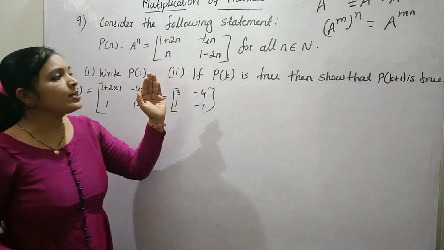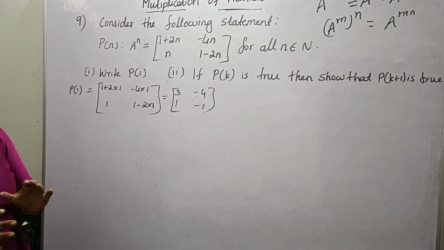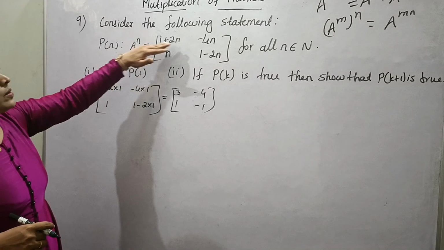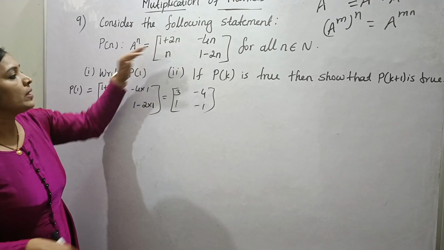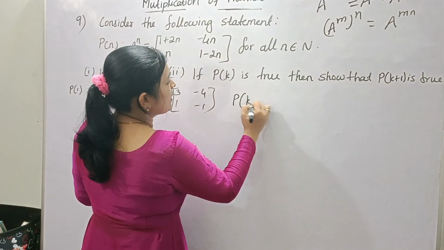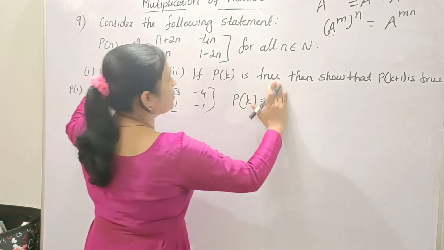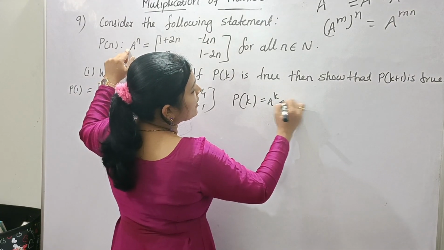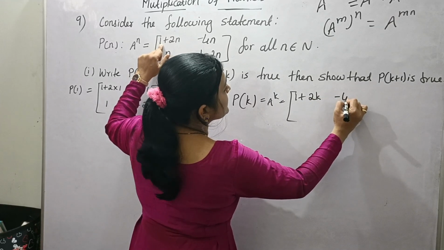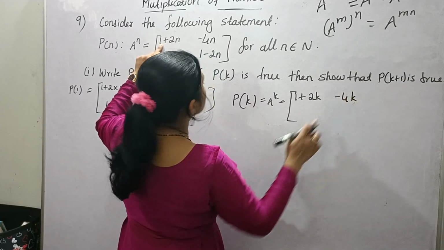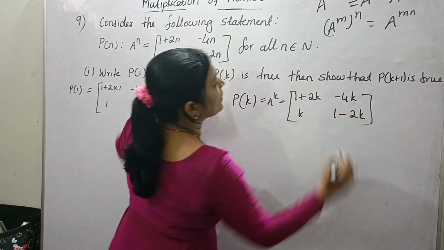Second question: if P of k is true, then show that P of k plus 1 is also true. So if P of k is true, it means replace n with k in P of n. P of k is true means A raised to k is equal to the matrix [1 plus 2k, minus 4k; k, 1 minus 2k].